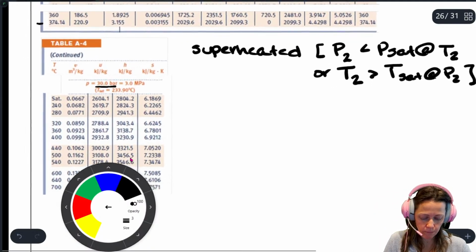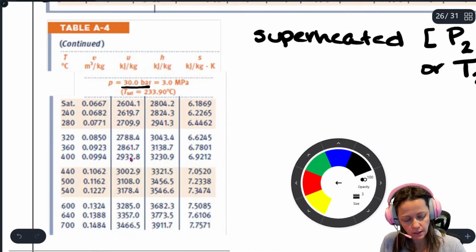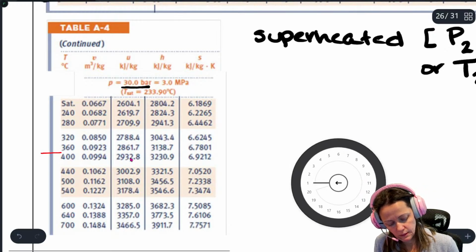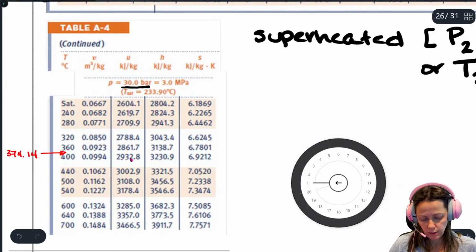It's a little bit annoying because I do have to interpolate. My temperature is not actually on there, but I got 374.14 degrees Celsius.